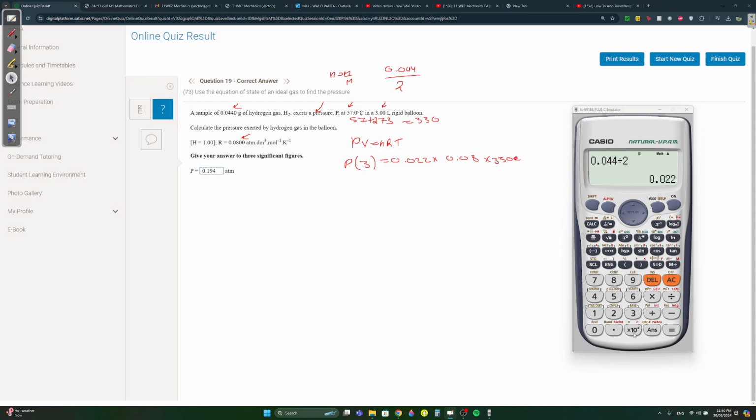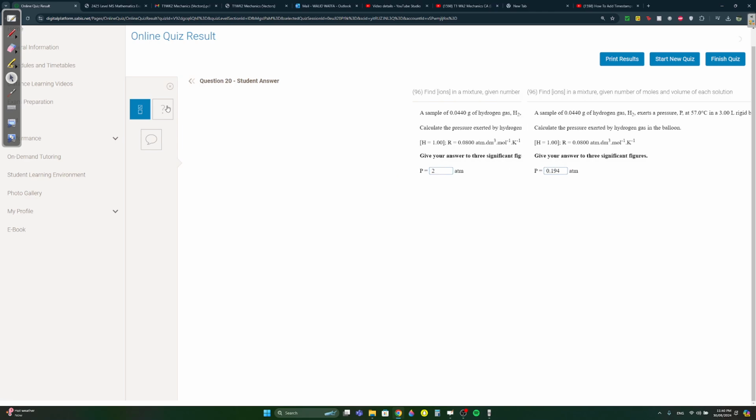Okay, let's do this now. 330 times the moles I just got times 0.08 divided by 3 gives 0.1936, to 3SF it will be 0.194.